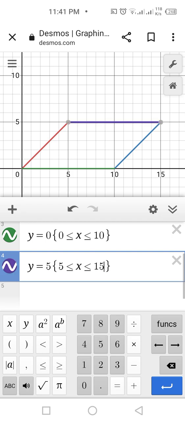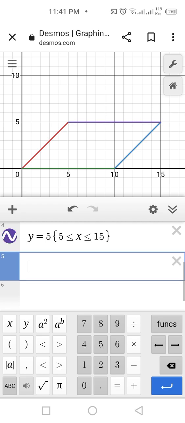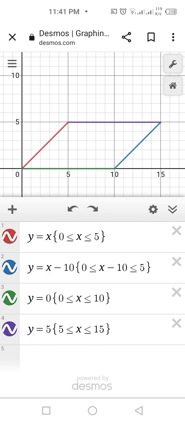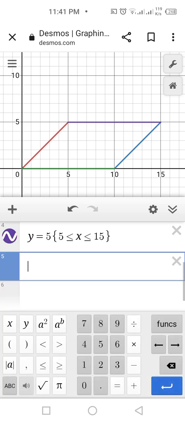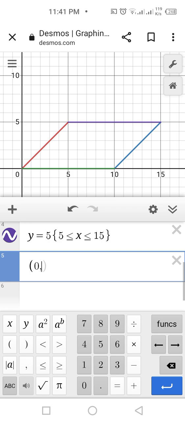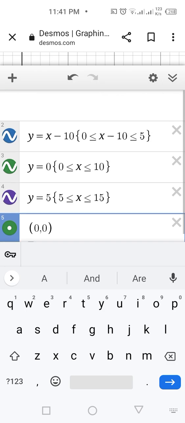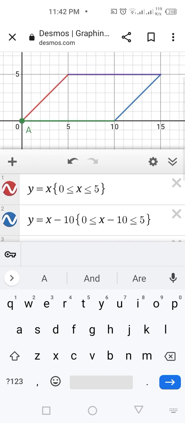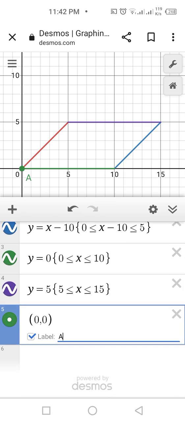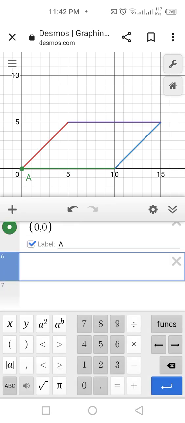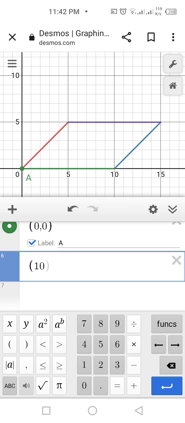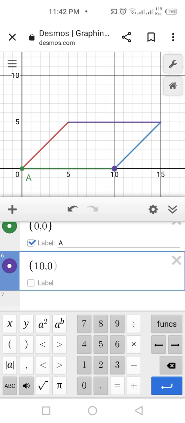If I draw the points, this is 0 comma 0, the origin, and I label it the point A. So you can see this is the point A. Okay, and if I write the other point 10 comma 0, you can see this is the second point, labeled B. Clear?